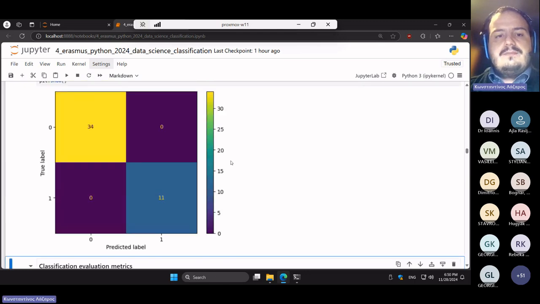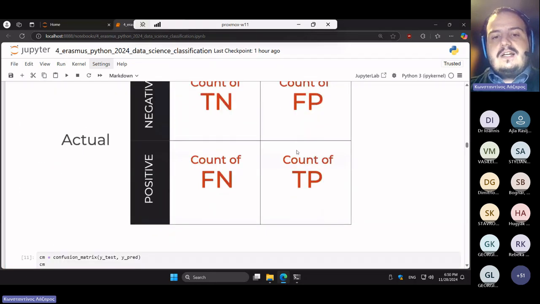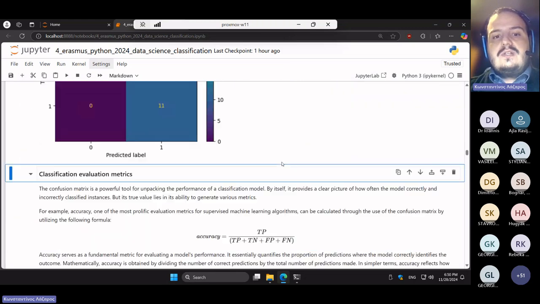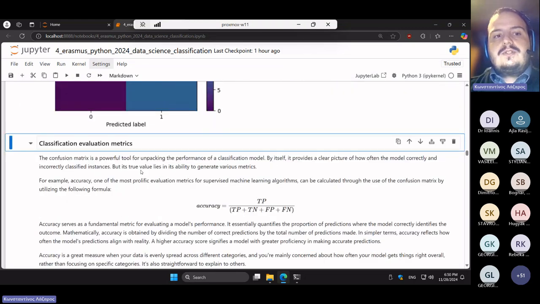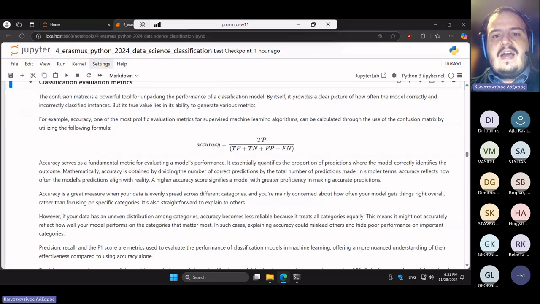And just to move things a bit further, the confusion matrix and these true positive, false negative, false positive, and true negative values that you see here are used to create certain classification evaluation metrics. The most prominent one, of course, is accuracy. You can see how accuracy is calculated.